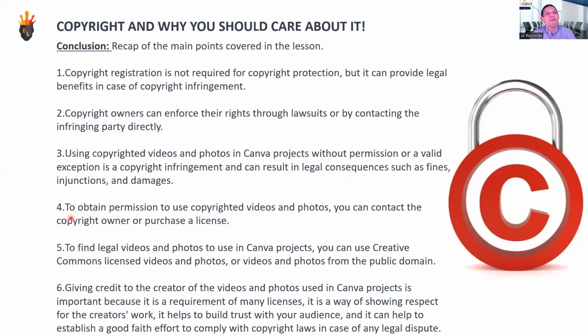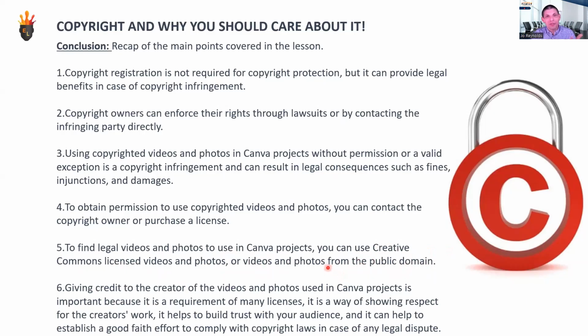Good. All right, number 4, to obtain permission to use copyrighted videos and photos, you can contact the owner or purchase a license. Both will make sure that you get that permission. And to find legal videos and photos to use in Canva projects, you can use the Creative Commons license with the free videos and the free photos that you can find, or from the public domain, which are all on Canva, right?